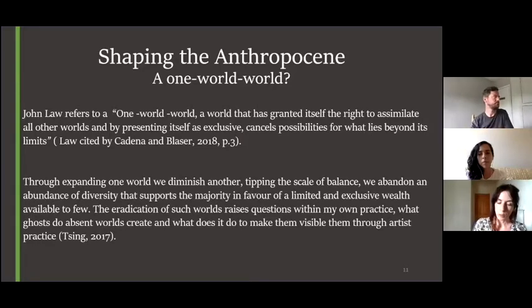Through expanding one world, we diminish another, tipping the scale of balance. We abandon an abundance of diversity that supports the majority in favor of a limited and exclusive wealth available to few. The eradication of such worlds raises questions within my own practice. What ghosts do absent worlds create, and what does it do to make them visible through artist practice?